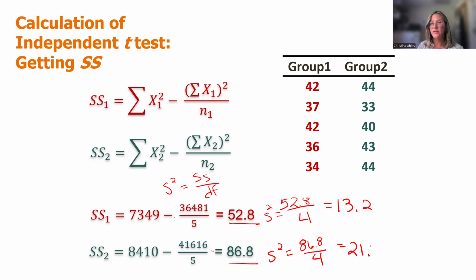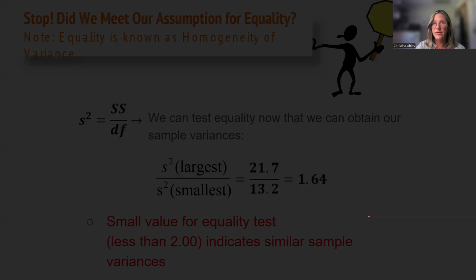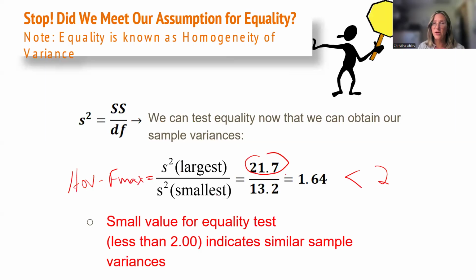So this is the larger variance. So this one is going to be the one that goes in the numerator on top. 13.2 goes on the bottom. So the smallest is on the bottom, the largest is on the top. If this is less than 2, then we can say that our homogeneity of variance was met.